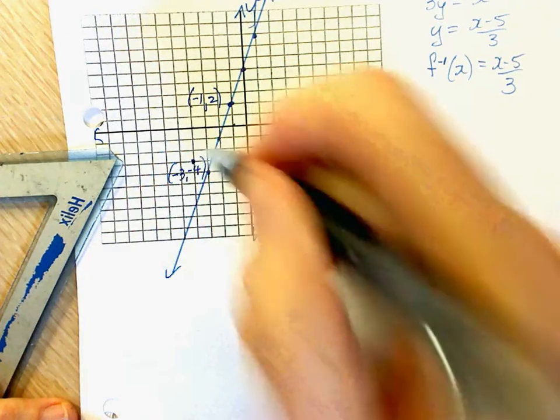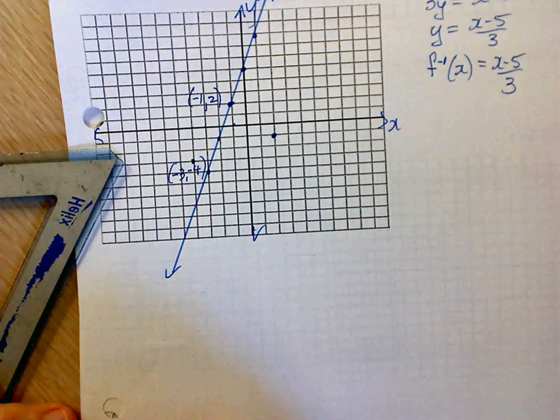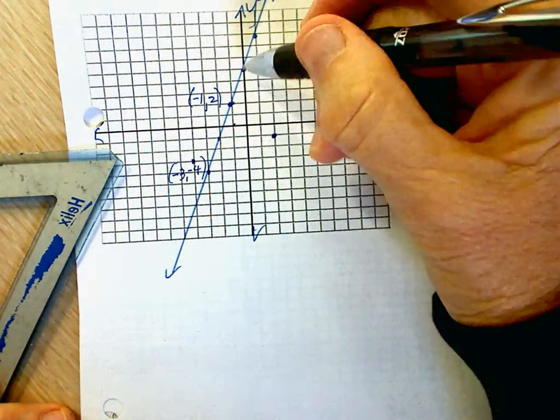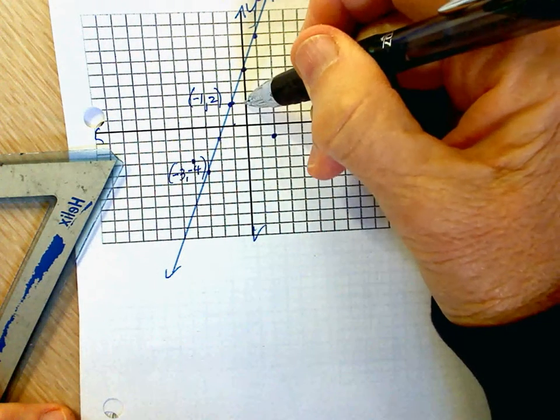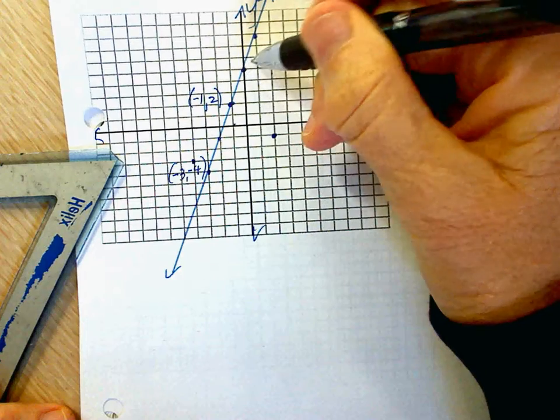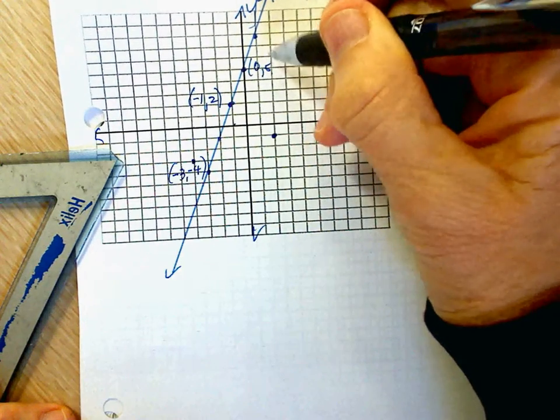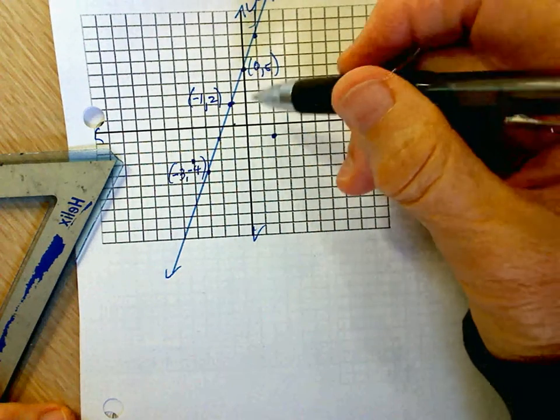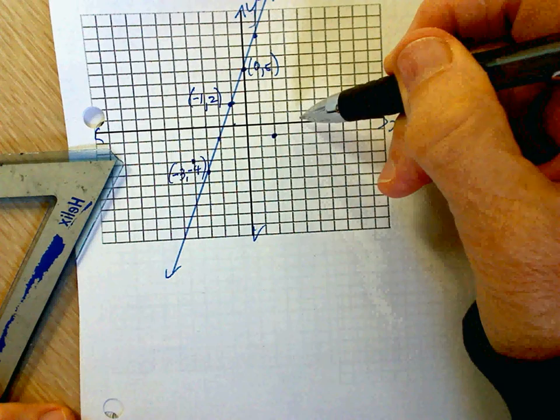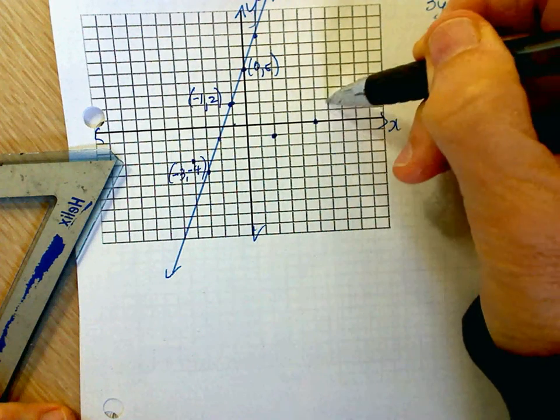You only need 2 points to draw a line, but let's do one more. This point is 0, 5, so our inverse will be 5, 0. Right? The inverse is 5, 0.